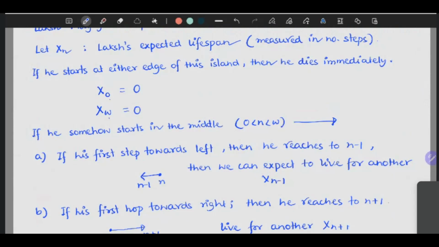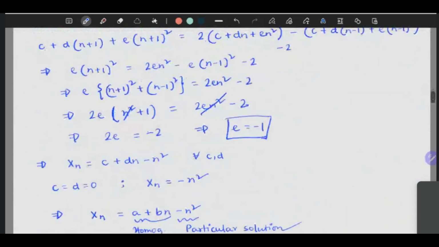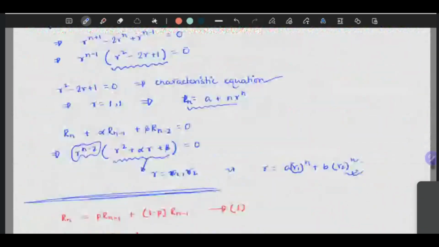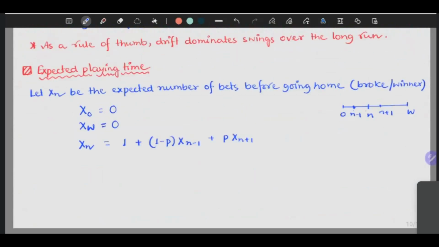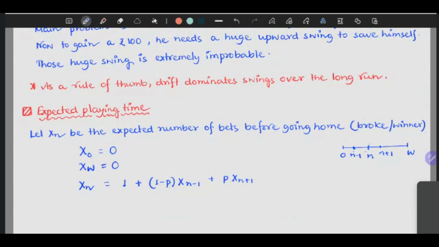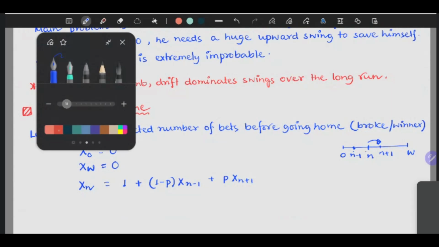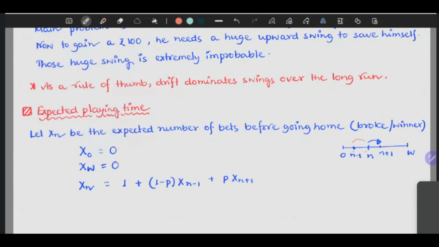If it wins some money, then he will go towards the cliff. And if he loses some money, then he will be going towards the broke region.